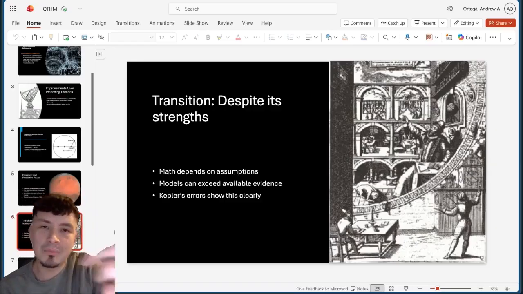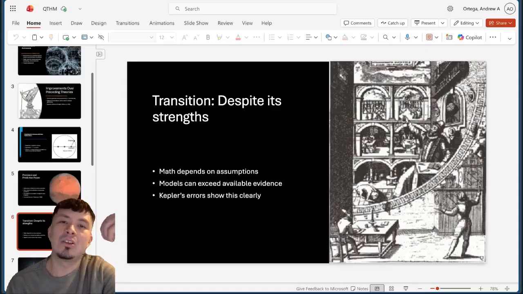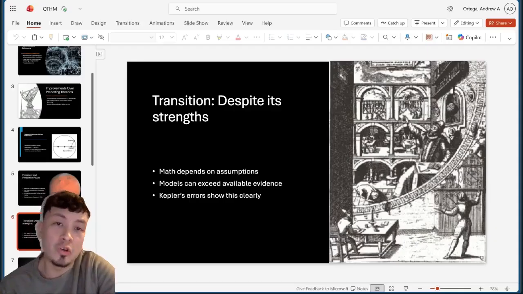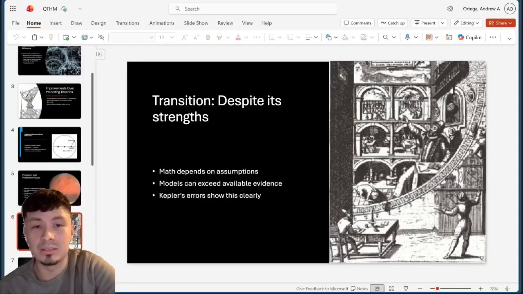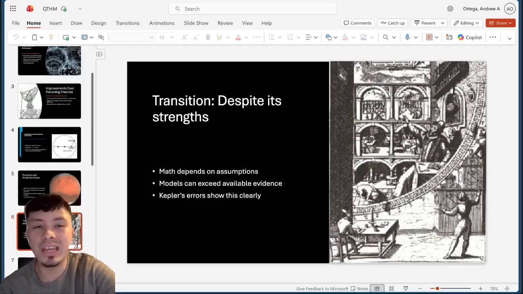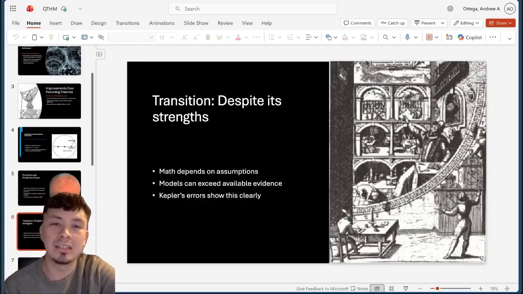And also, Kepler has shown that he has a little bit of errors and he does not state them clearly. Even though mathematics has revolutionized astronomy in a way, it also introduced errors and limitations in the models.